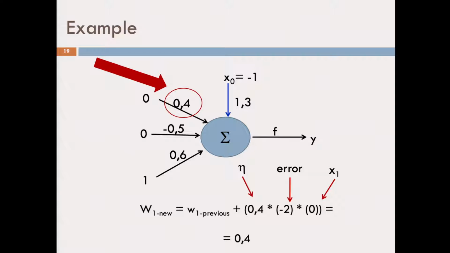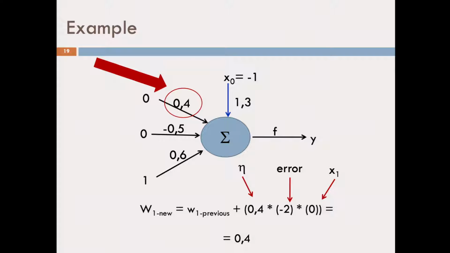Okay? Is it okay? And we continue the correction for all the weights. So we're going to correct now the weight W1. So the new weight is going to be the previous weight plus learning rate times error times the signal that is associated to W1, which in this case is 0. So 0 here will multiply and make everything 0, and there will be no correction. Okay? Nice. And the same thing is going to happen here.